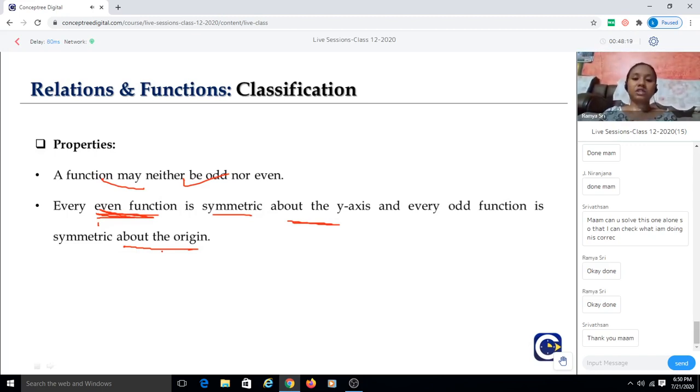For any function that is given, we have to check with respect to its graph, then you'll be clear with that. If it's an even function, it will always be symmetric to the y-axis. If it's an odd function, it will always be symmetric about the origin. So these are the two typical properties we can see for even and odd functions.